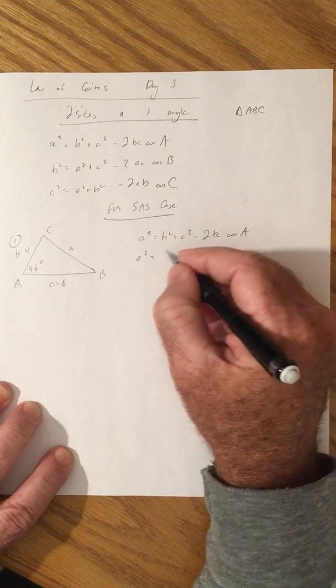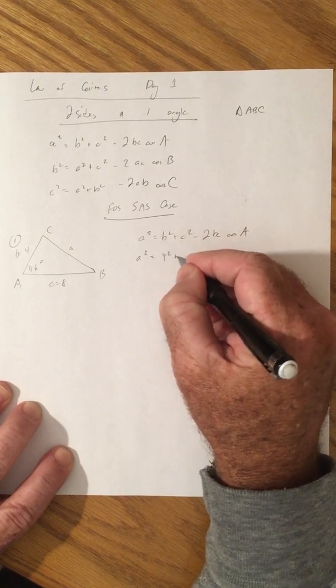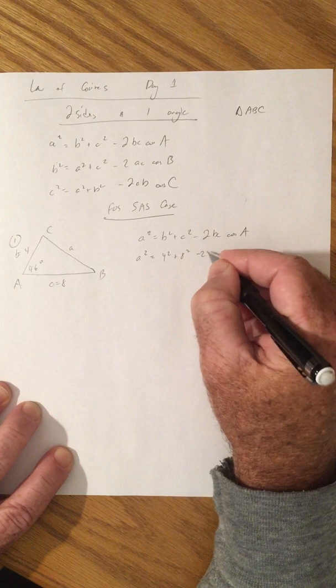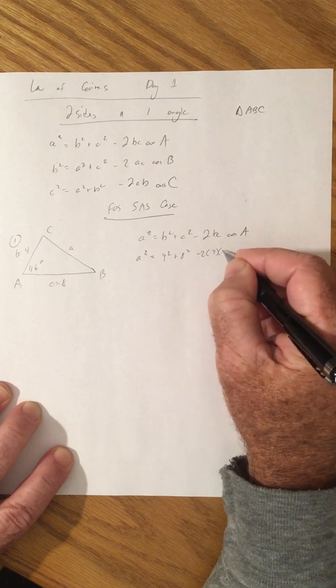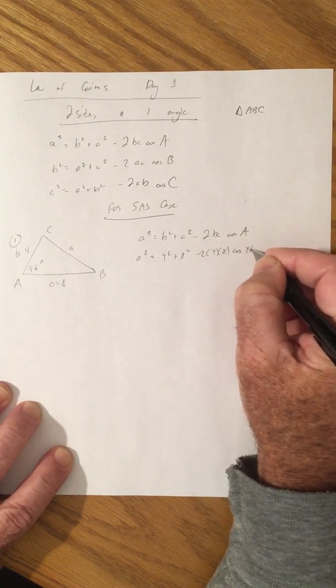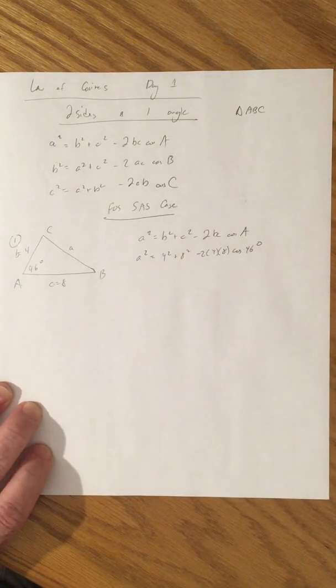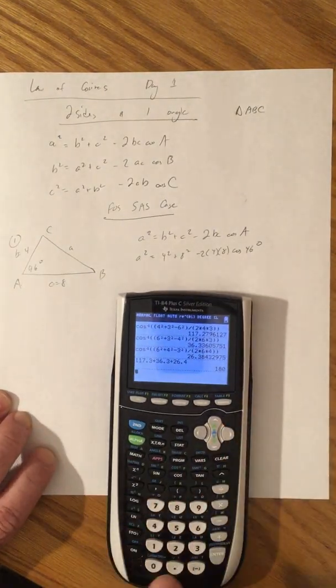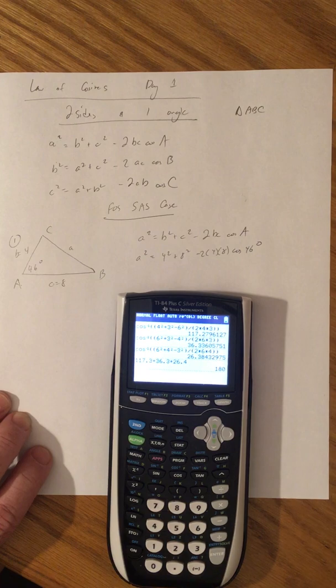So that's equal to 4 squared plus 8 squared minus 2 times 4 times 8 times the cosine of 46 degrees.